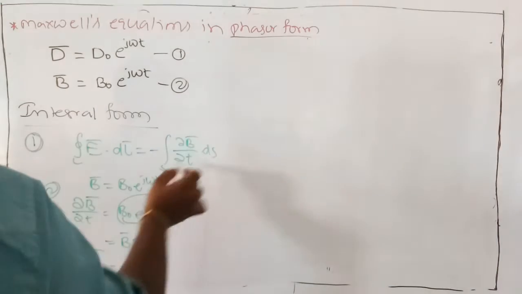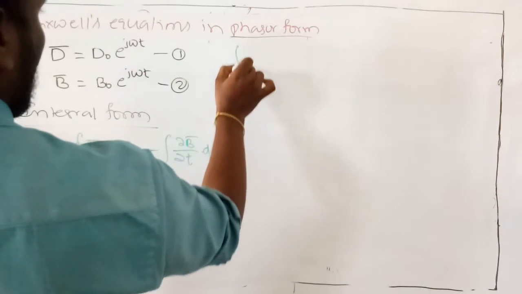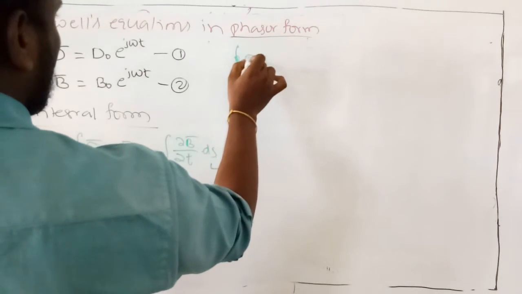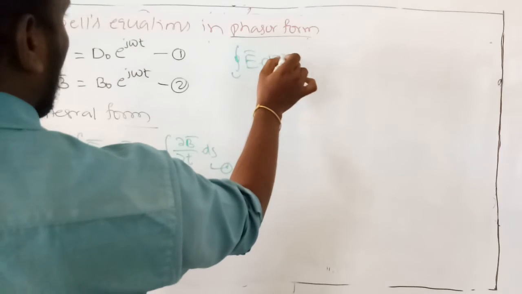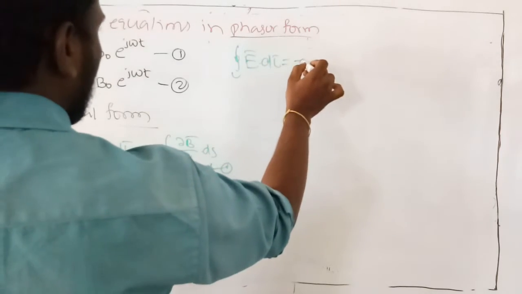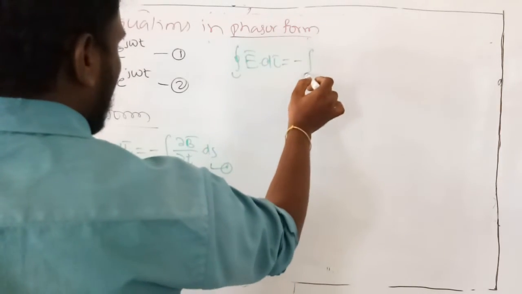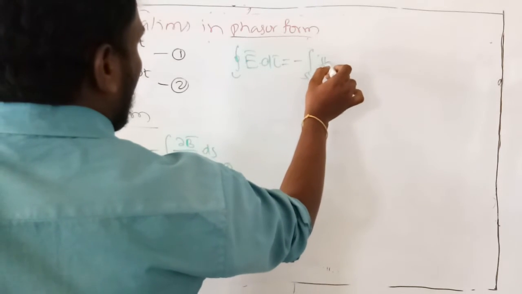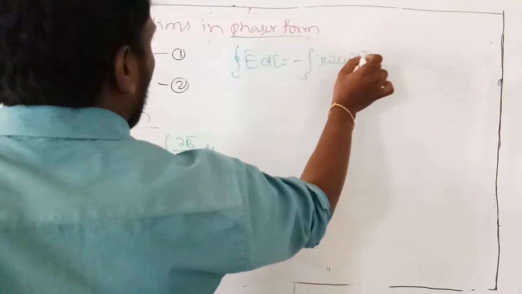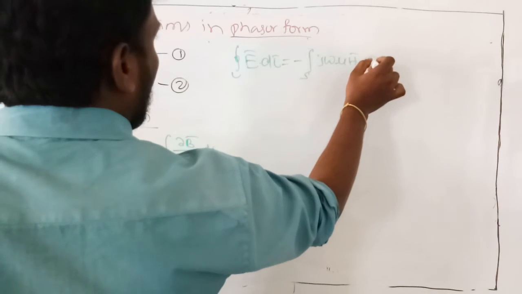Just substitute this in here, so that you will get line integration of E bar dot dl bar is equal to minus surface integration of j omega mu H bar dot dS bar.